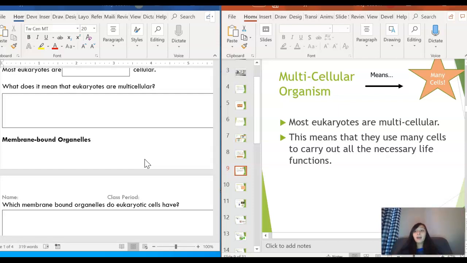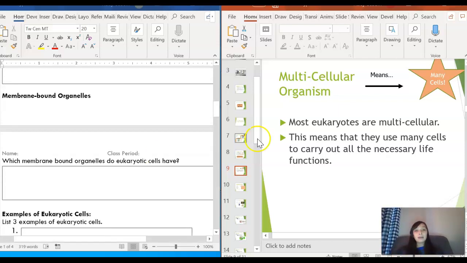In our human body, we have blood cells, brain cells, and skin cells, and each of them does a different job. They have different functions, but they all work together to keep us alive, right? And so that's what I want you to think about when you think about eukaryotes. They're many cells that carry out the necessary life functions.